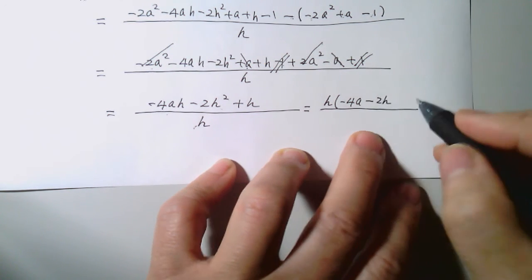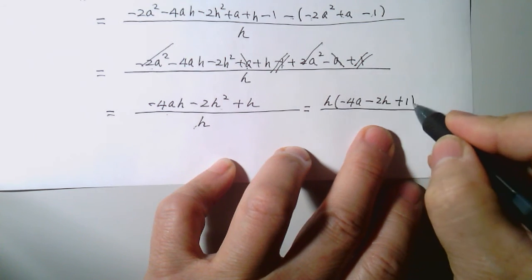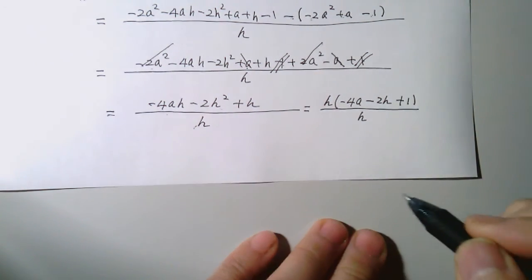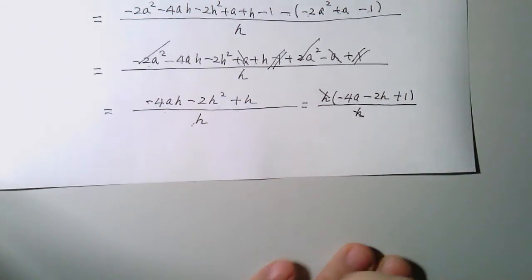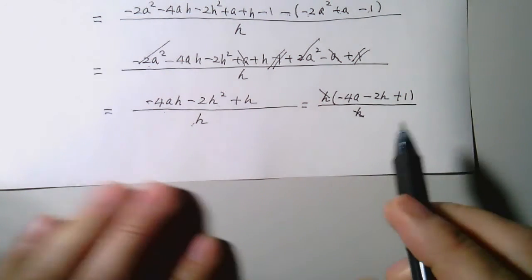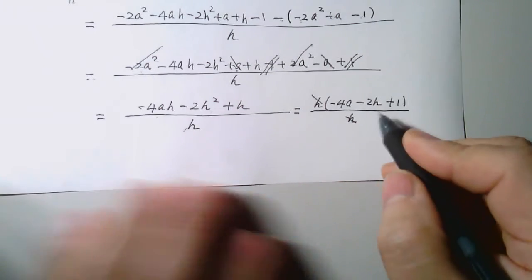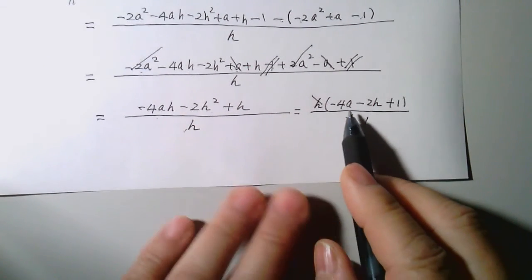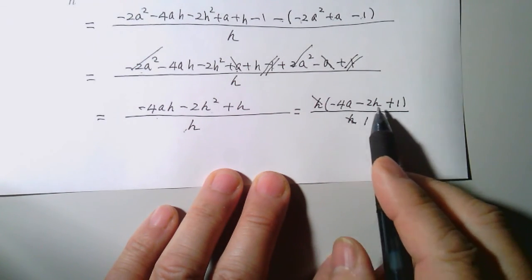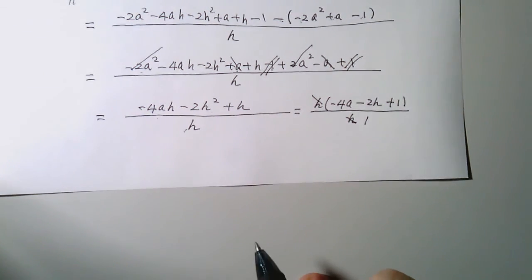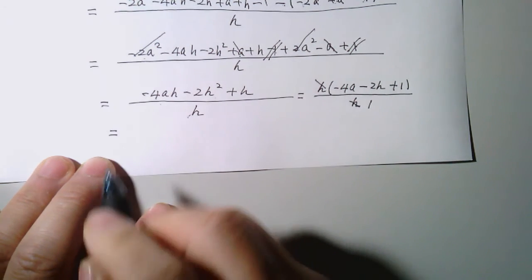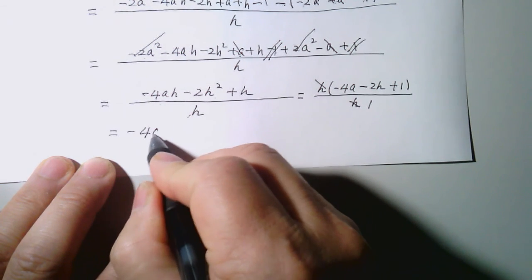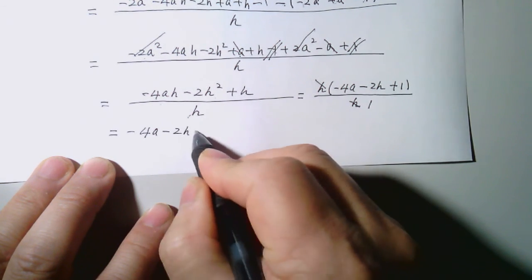The last term is 1, all divided by h. So now I reduce the h, and that becomes 1. So here, negative 4a minus 2h plus 1, divided by 1. That means we can just rewrite this as negative 4a minus 2h plus 1.